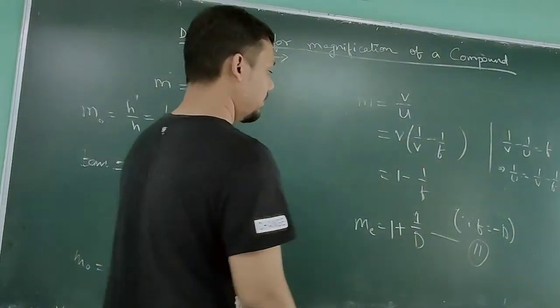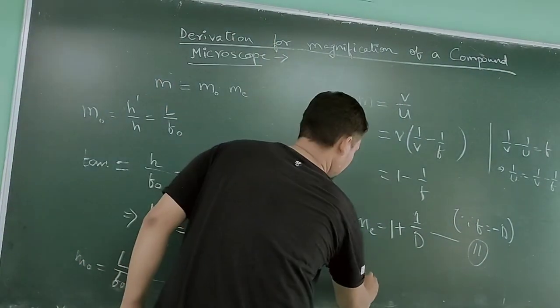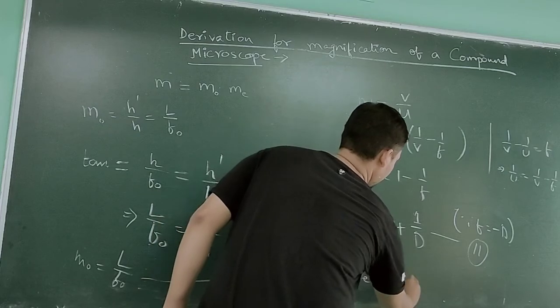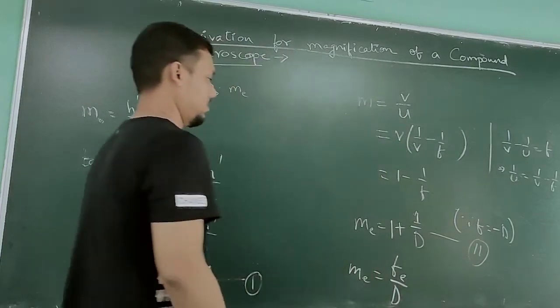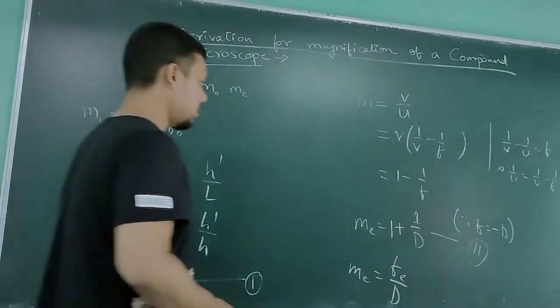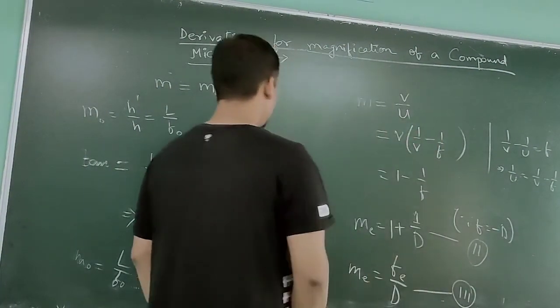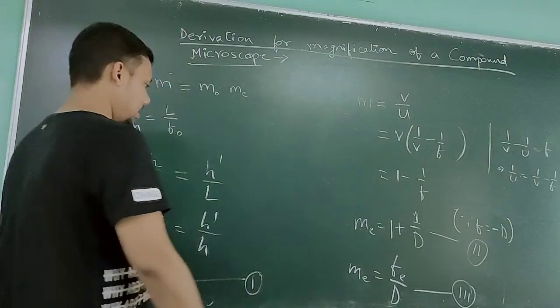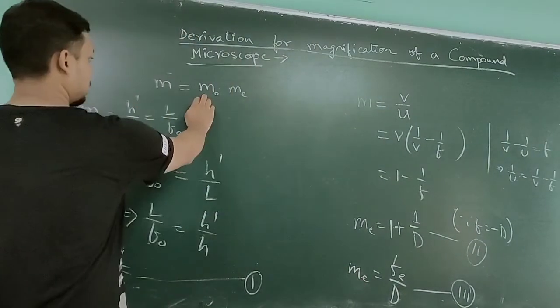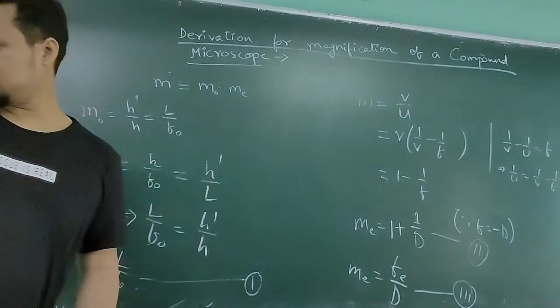Another magnification for the simple microscope, we have found me is equal to d by fe. So this was also another derivation. Now this is our final answer. Now this and this we will put in the first formula of magnification.